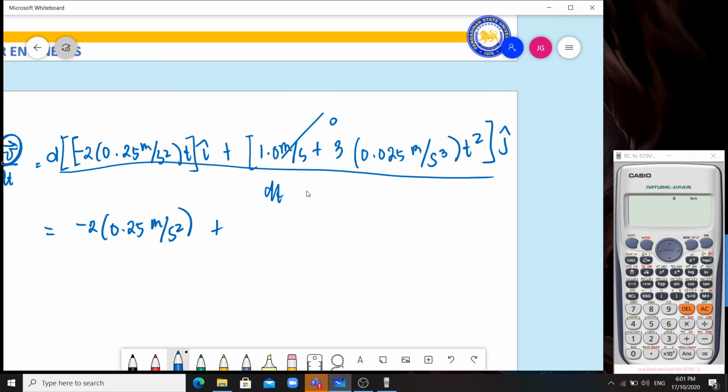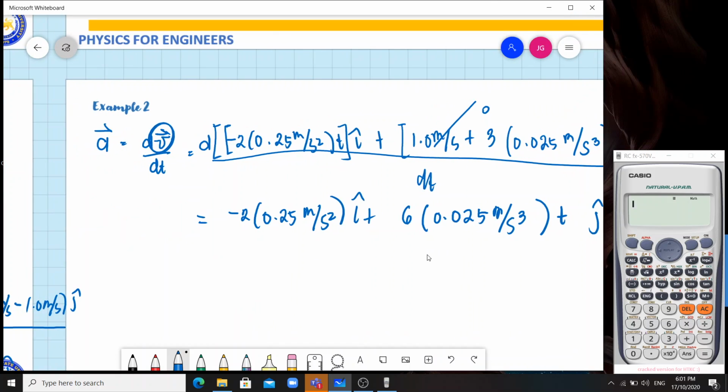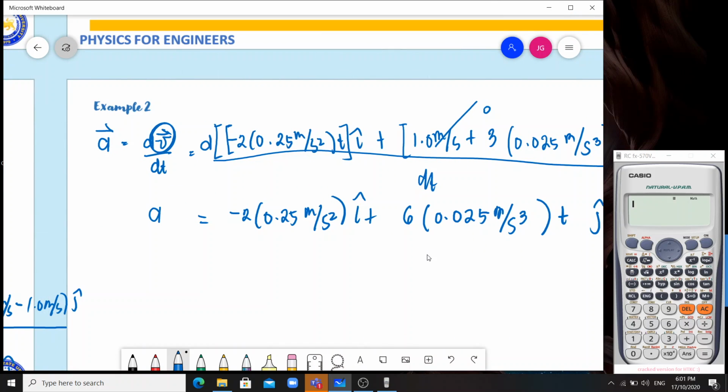Magiging 6 times 0.025 meter per second cubed t, j. Ito i.